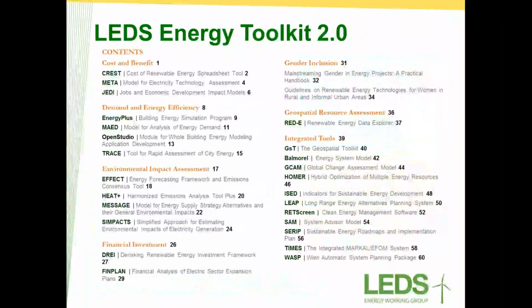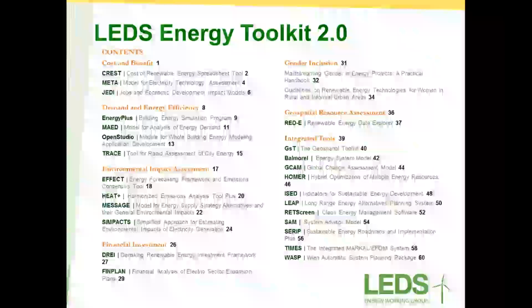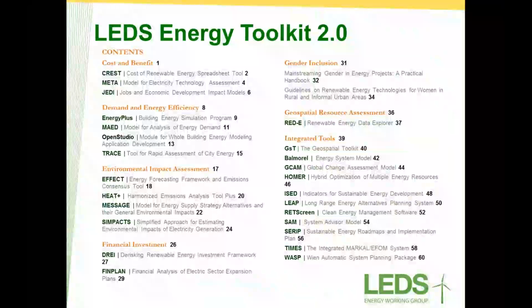So this is the table of contents of the toolkit this year. Last year we just put them into the toolkit, I think not even in alphabetic order, but just by the time the tool makers or stewards presented their work to us. This year we've tried to categorize them, and you see the main categories here in front of you.